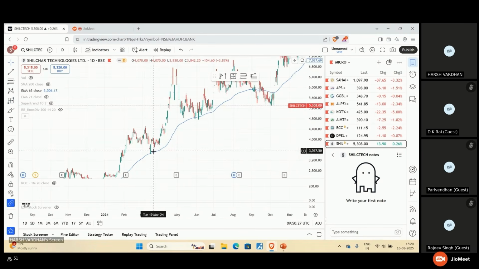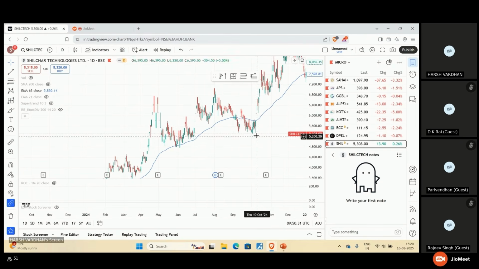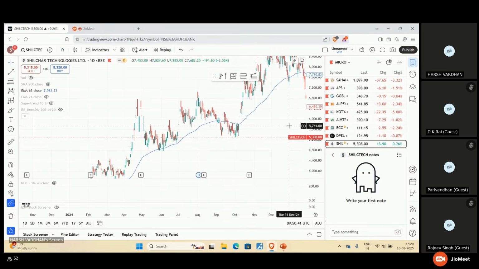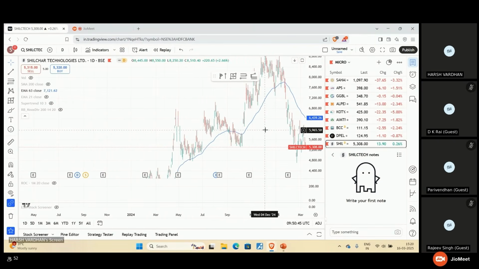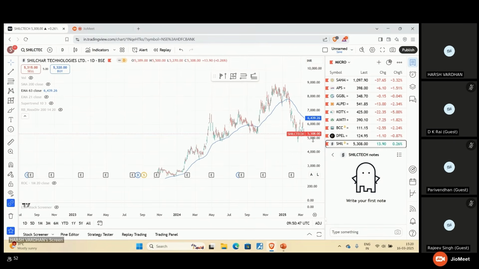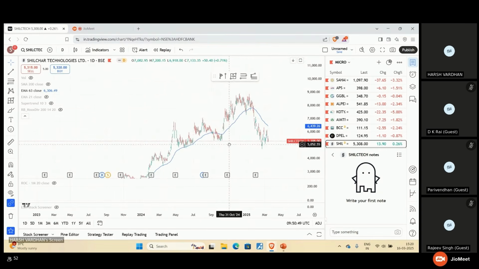So this is the power of EMA. You can see, right? It touches it and bounces off. It acts like a spring. Here it broke the EMA 63 level, and that's a signal the market is giving you that the trend is going weaker now. You can soon see a breakdown of this stock after maybe one or two more bounces.